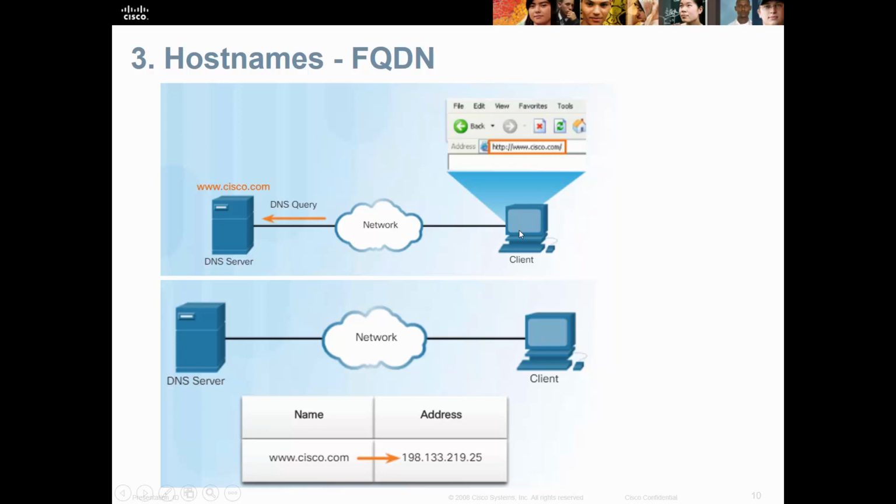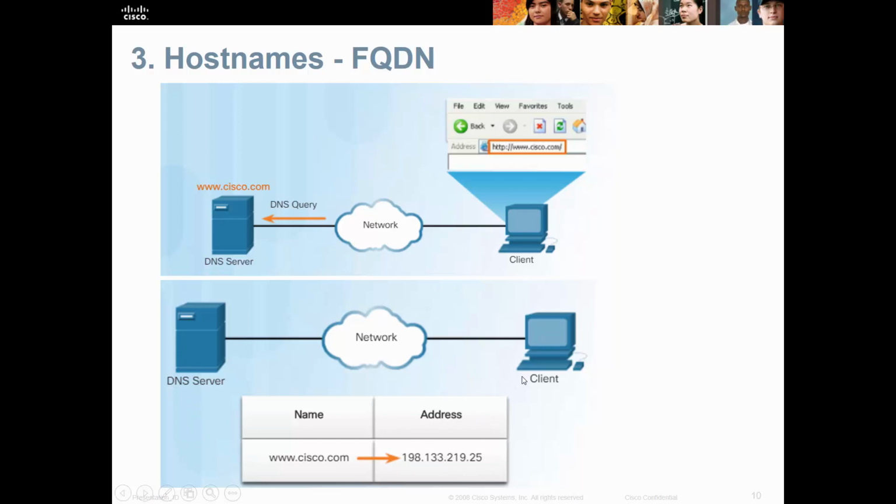So a client sends a DNS query, domain name server query, asking that server, hey, I want to go to cisco.com, www.cisco.com. Do you know the IP address of that server I'm trying to reach? If a DNS is available, it will respond back with the IP address of that server we're trying to reach.